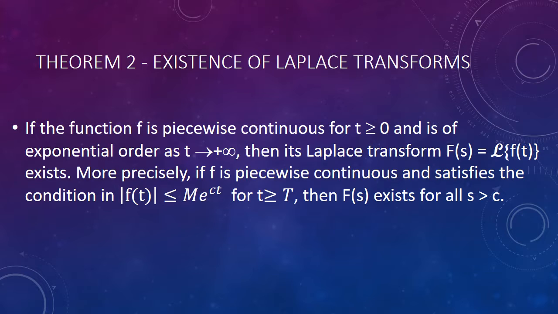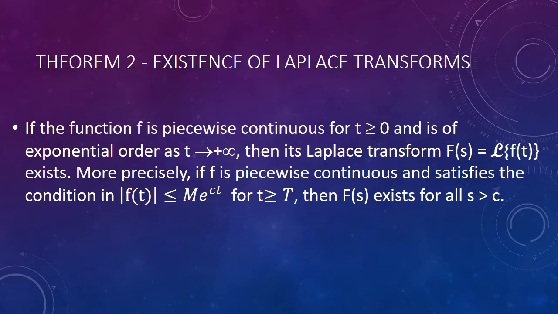It will also exist if the function we're taking the Laplace transform of is piecewise continuous and satisfies the condition that the absolute value of the function is always less than or equal to some constant m, e to the ct, where s is always greater than c, and m is basically a constant.